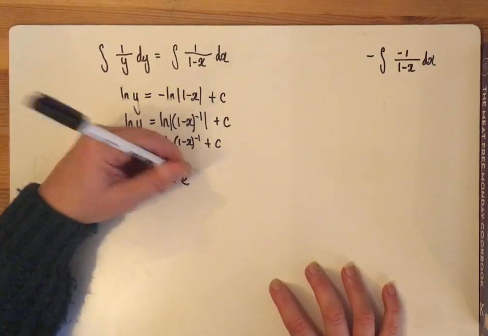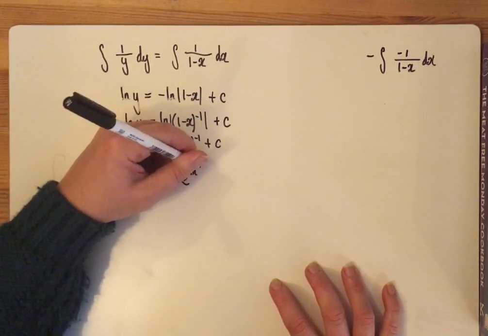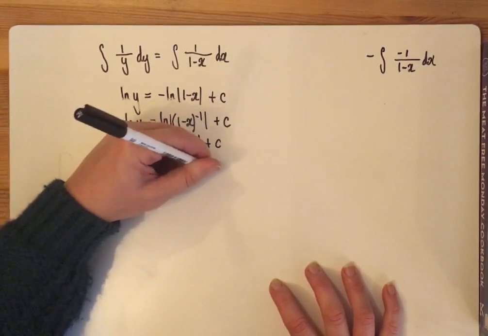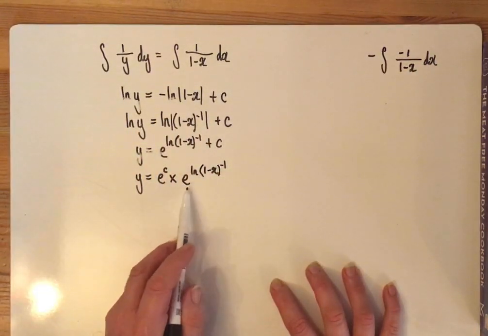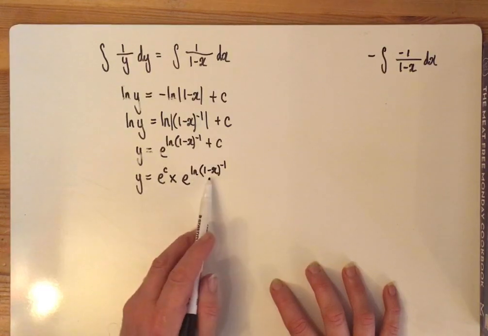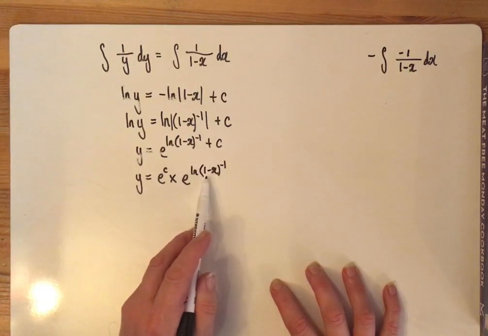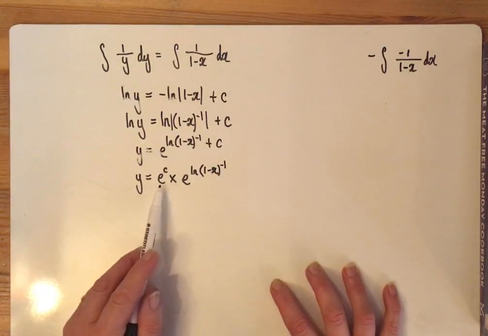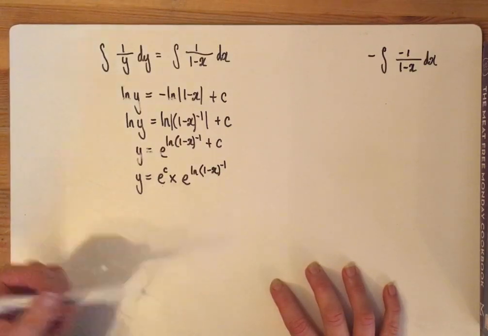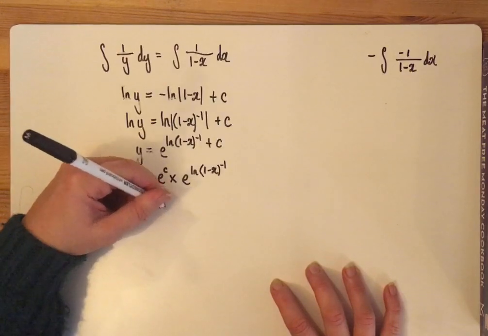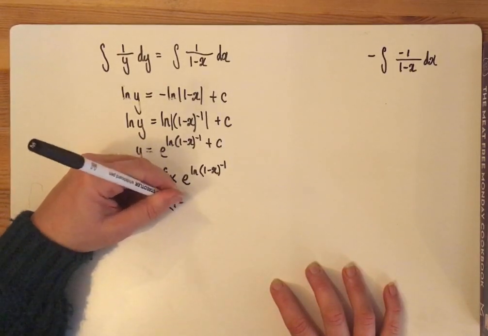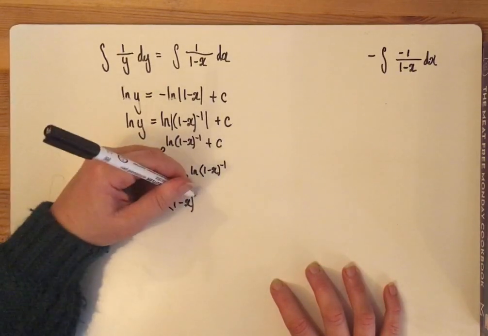times. I'm just making it really clear what I'm doing. You probably don't need to necessarily write as many lines as this. e to the ln, they're inverses of each other. So this bit here is just 1 minus x to the power minus 1. And then we replace e to the power c with capital A. So y is equal to A lots of 1 minus x to the power minus 1.